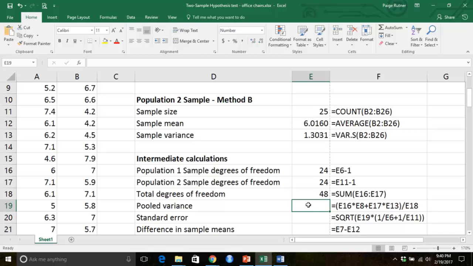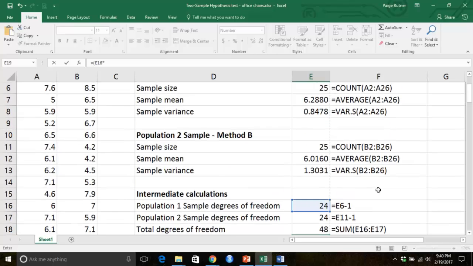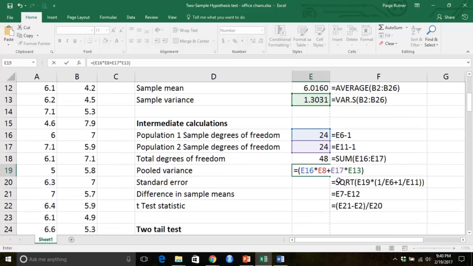And now with some of those computations being made, that simplifies entering the formula to compute my pooled variance, because I can take the degrees of freedom for the first sample times its variance, then add degrees of freedom for the second sample times the variance of sample 2, and then I will close the parenthesis there, and then divide that whole term by the total degrees of freedom.